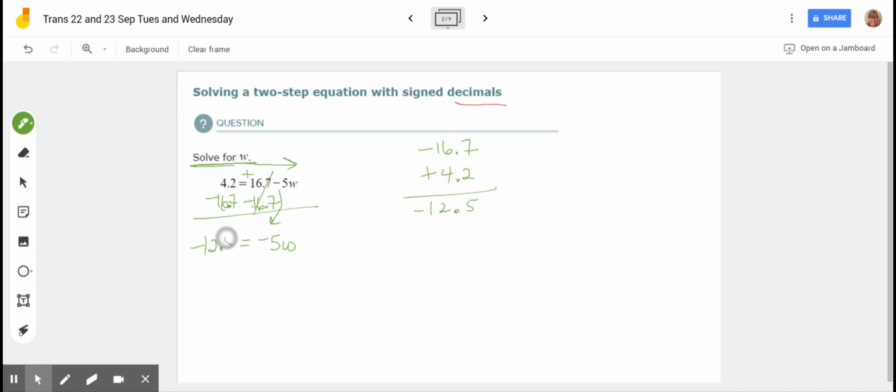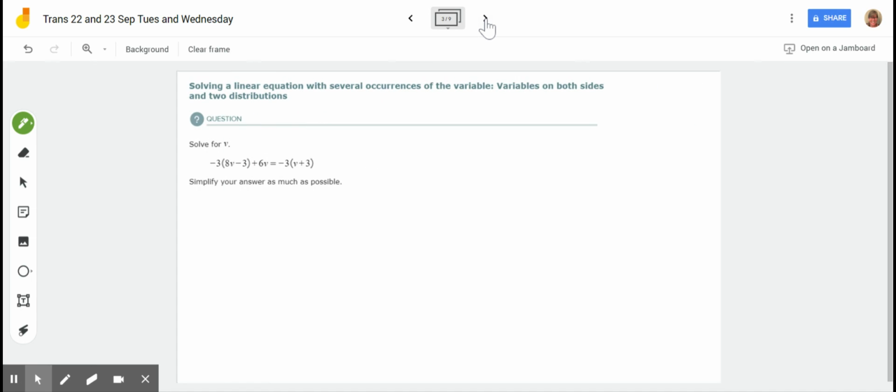Negative 12.5, divide by -5 to get rid of the -5. W equals negative 12.5 divided by 5. You don't actually need to put the negative when we're dividing. Again, you can use your calculator here. 5 goes into 12, 2 times, 10, bring down the 5, 2.5. Okay, and that is the answer, 2.5.